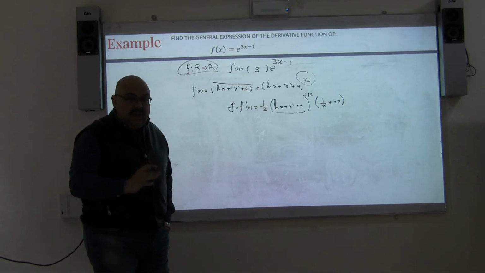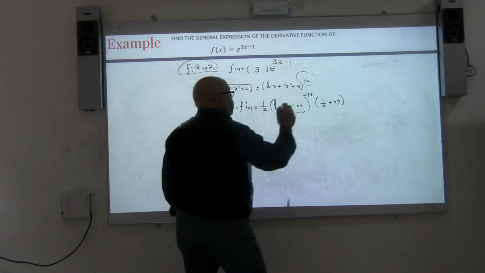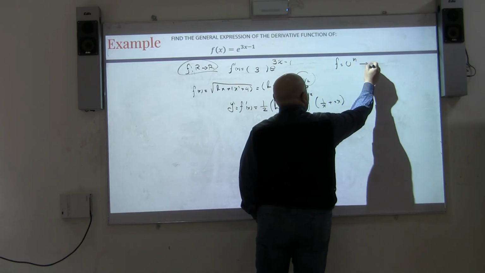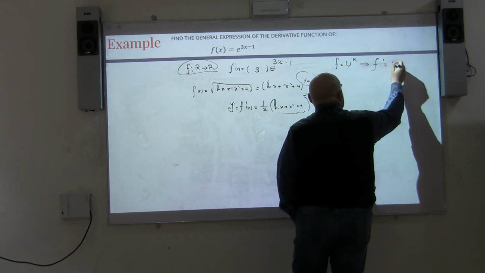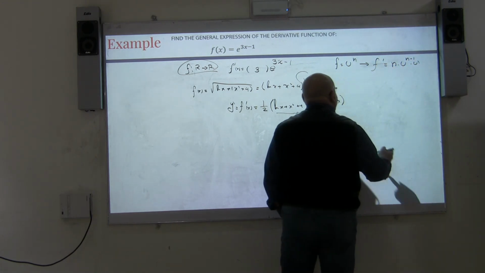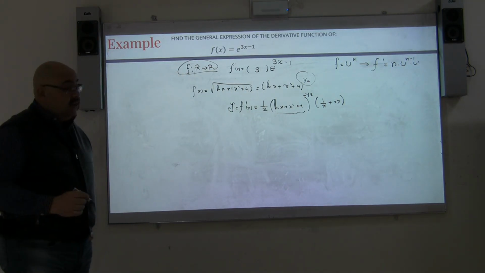It's just a direct application of the previous law. Of course, this is an application of f being u to the power of n, then f dash will be n times u to the power n minus 1 times u dash. This is exactly what we applied in this case.